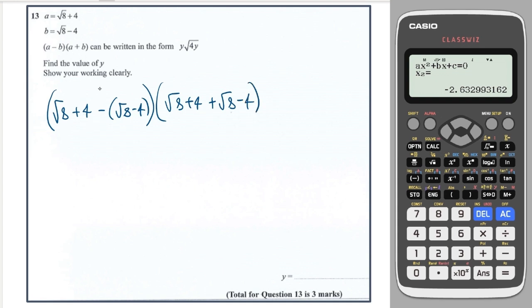Okay, let's evaluate each bracket. So I've got a root 8 minus a root 8, so they cancel. I've got 4 minus minus 4, which makes 8. So that bracket is just 8. This one, I've got root 8 and another root 8, so that's 2 root 8. And I've got a 4 and a minus 4, they cancel. So it's just 8 multiplied by 2 root 8.